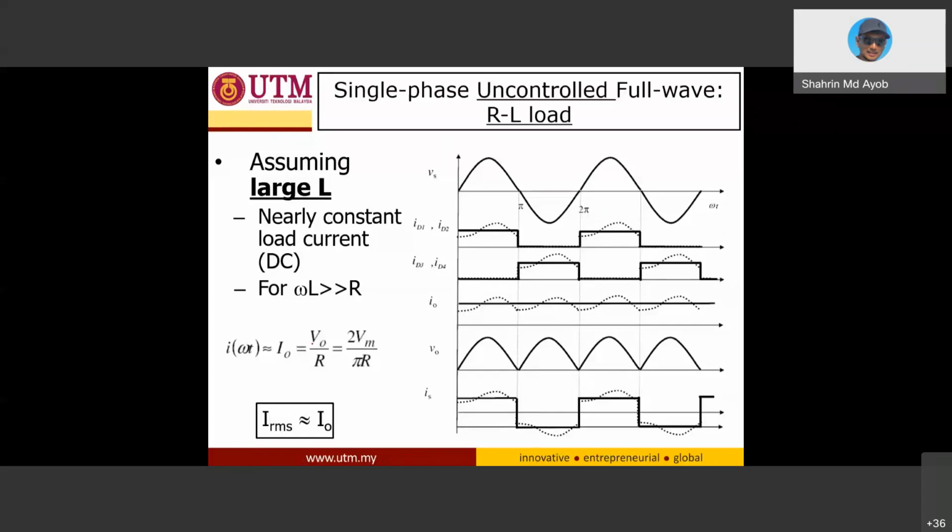For a pure DC current, without any harmonics or ripple, IRMS equals I average.